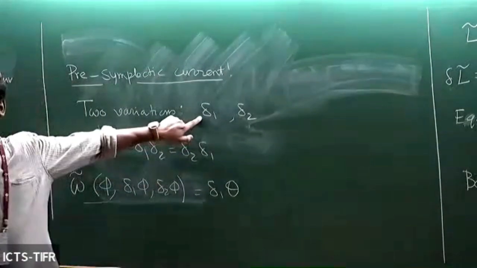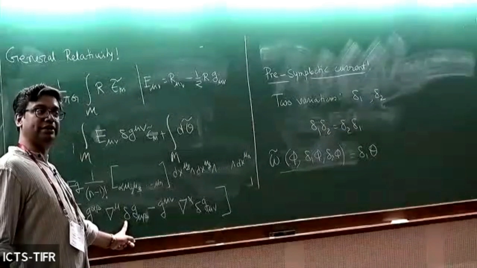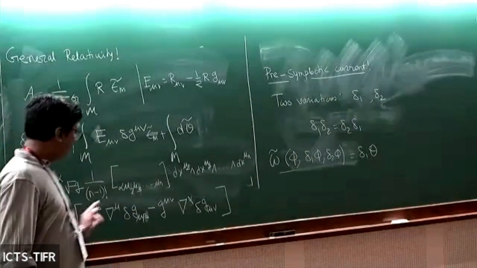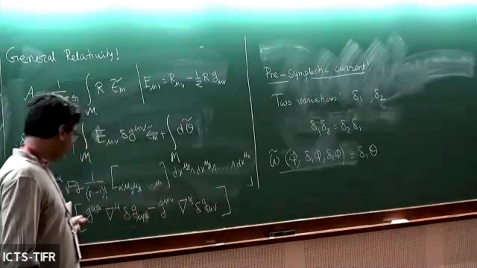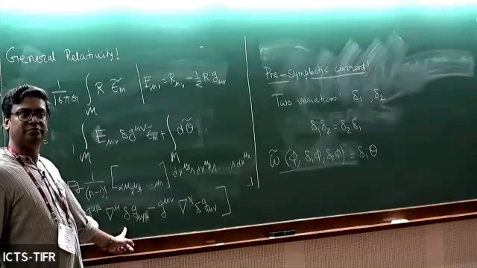Each variation I can vary the Lagrangian like this. For the delta 1 variation I will have one theta, where delta equals delta 1. Similarly, if I vary the delta 2 variation, I will have another theta, for delta equal to delta 2. Agreed?